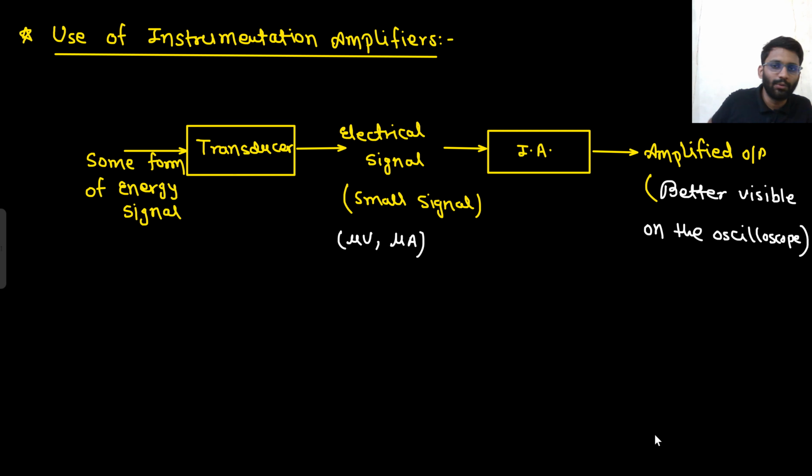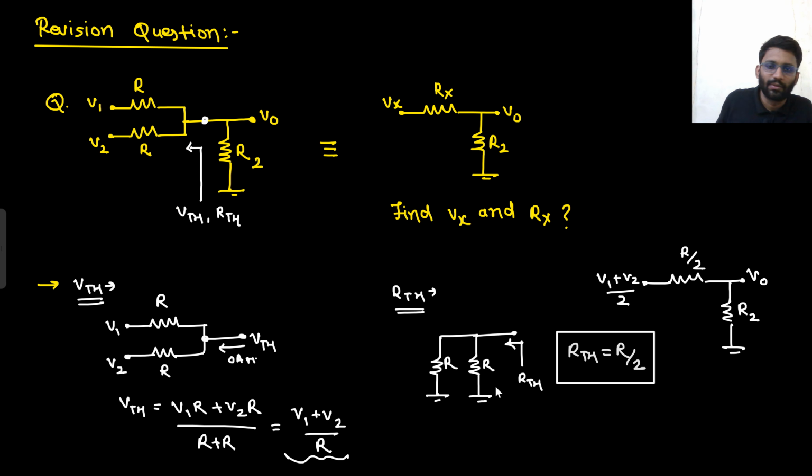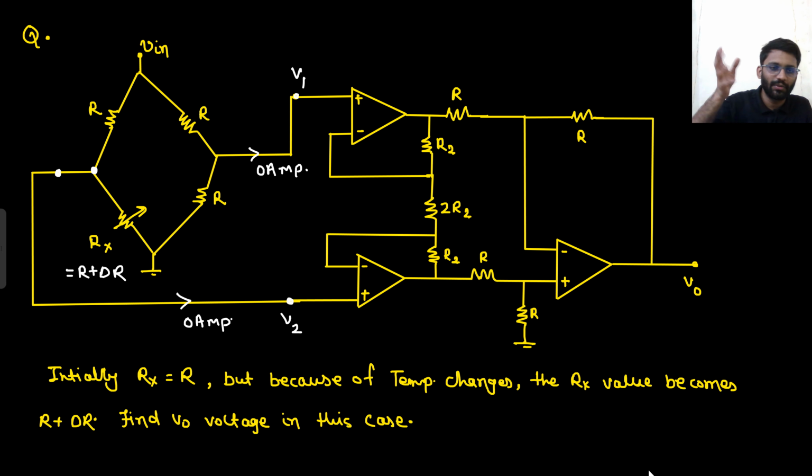Then we saw the use of the instrumentation amplifier. In a transducer, the final stage is the instrumentation amplifier, so that we get an amplified output, which is better visible on the oscilloscope. Then we saw this simple example where I can reduce the circuit by simply applying Thevenin's theorem. Vx is V1 plus V2 by 2 and Rx is R1 parallel R2. Then we saw this question. In this question, I got the potential of V1 and V2.